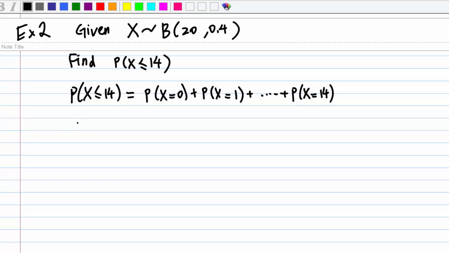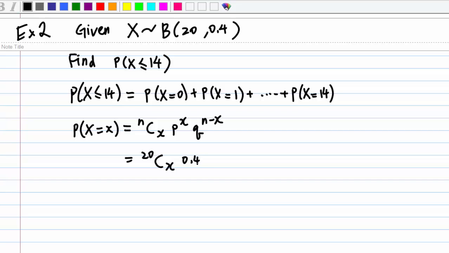Now, recall that probability of X equal to x is nCx p power x q power n minus x, where in this case n is 20, p is 0.4, q is 1 minus p, which is 0.6, and power 20 minus x.